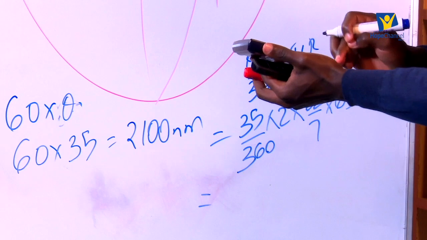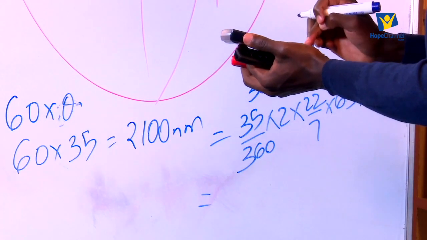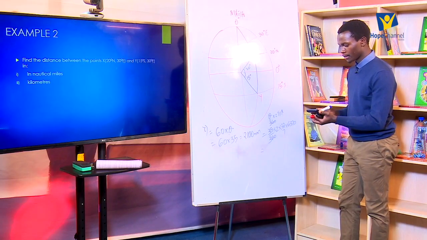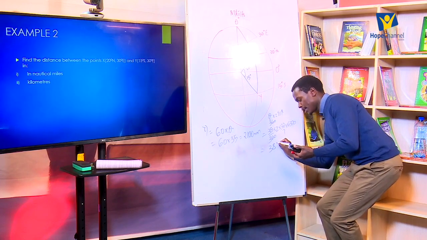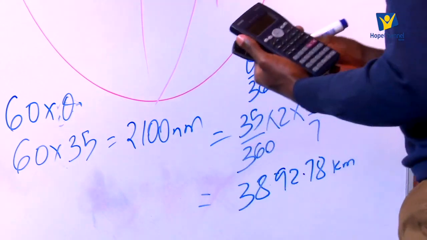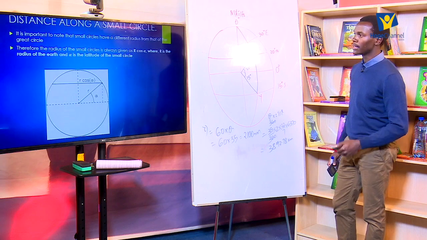What answer do we get? 35 times 2 times 22 times 6370 divided by 360 times 7 gives us 3,892.78 kilometers. Basically, that is what you're supposed to do to get the distance along the Great Circle.